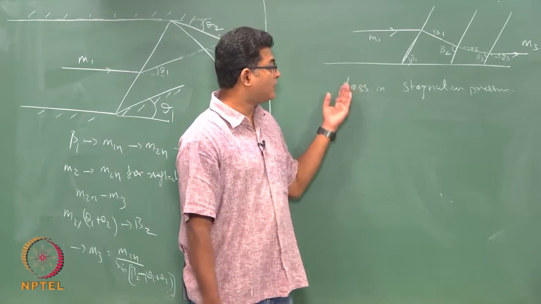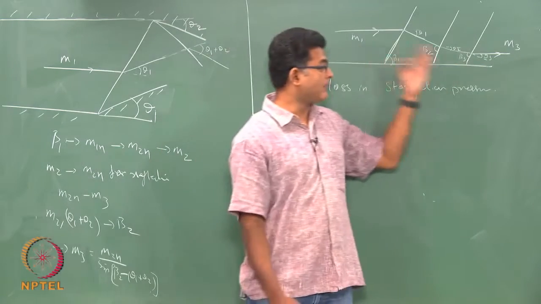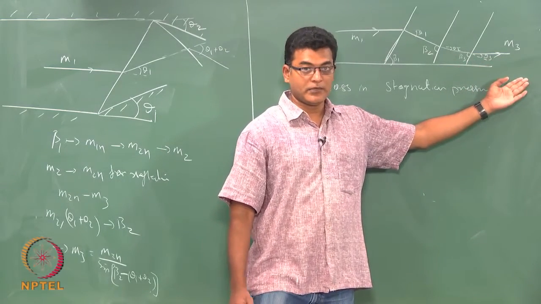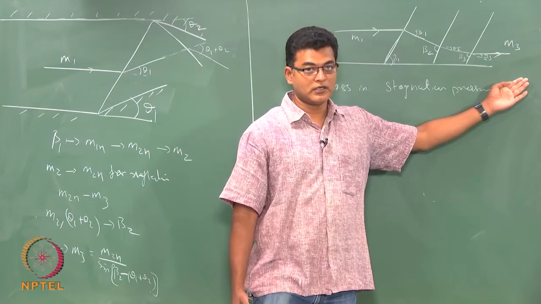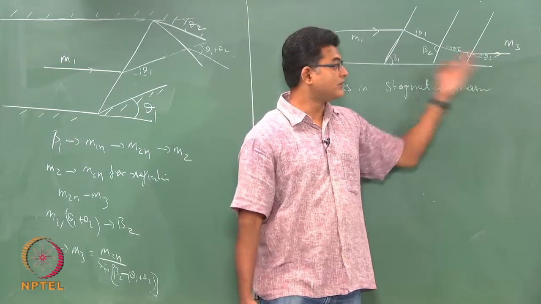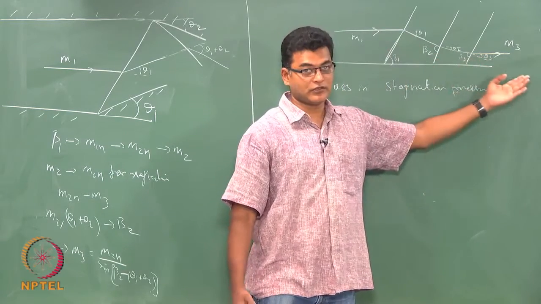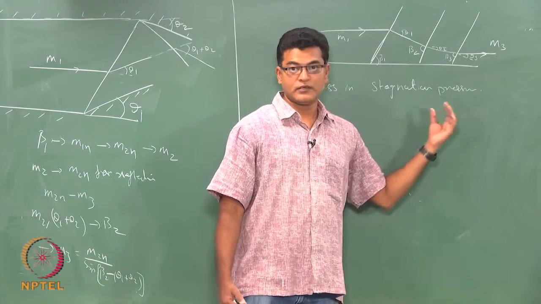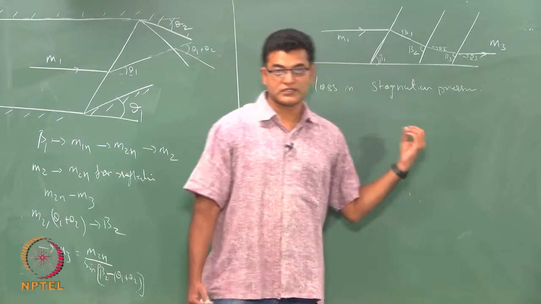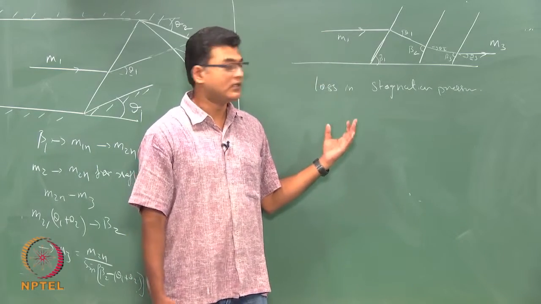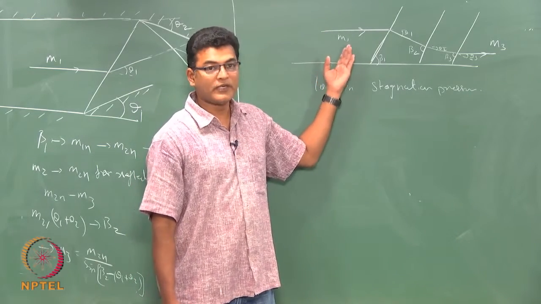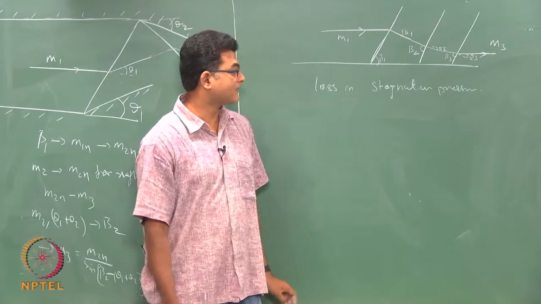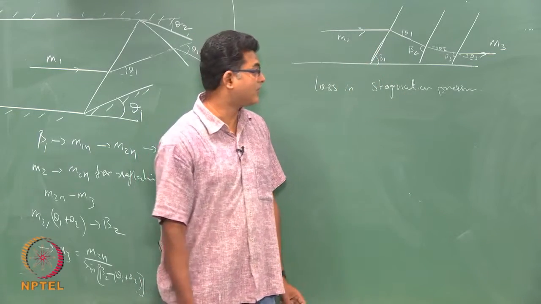You want to reduce your Mach number from M1 to M3, but you do not want to lose your stagnation pressure. So instead of having one single strong shock wave, you reduce that to a series of oblique shock waves, retain your stagnation pressure as much as possible, but all the way reducing M1 to M3. Okay, so that is the typical technique here.